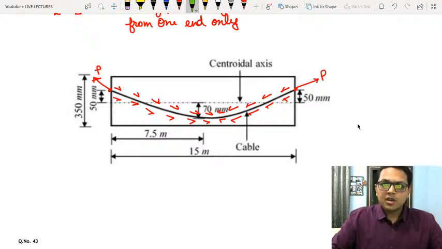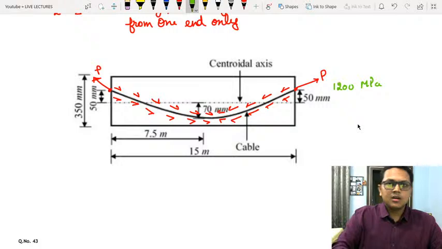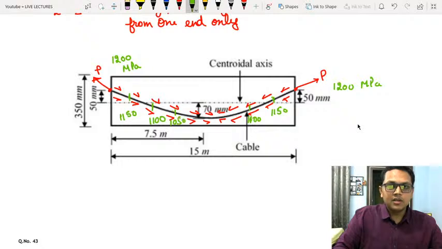So suppose again we are tensioning it to 1200 megapascal from both the sides. Now due to the losses at this section, let us say 50 is lost. So 1150, over here also it will be 1150. Then up to here it is 1100. Then over here it is again 1100. Over here it is 1050.